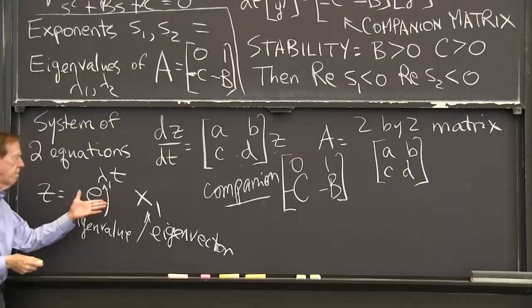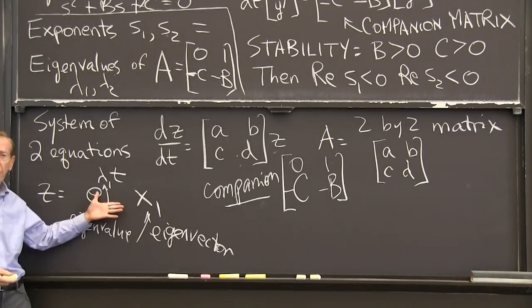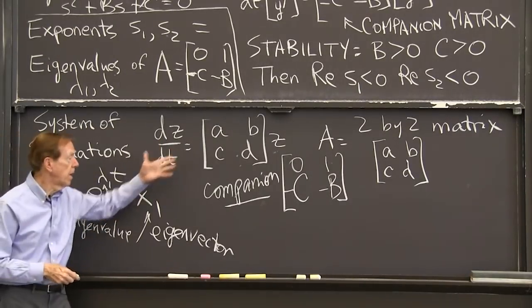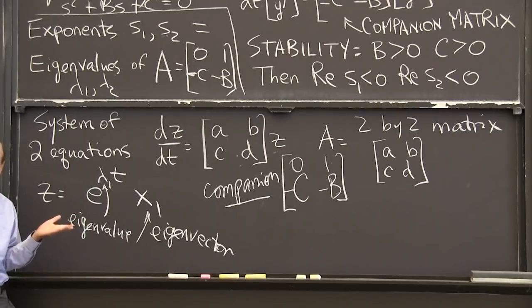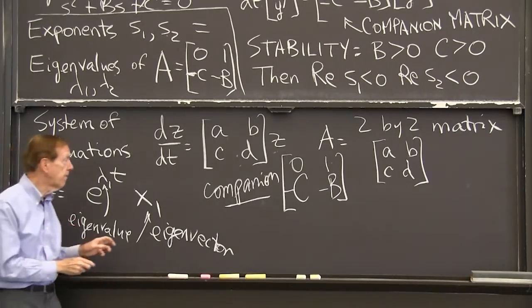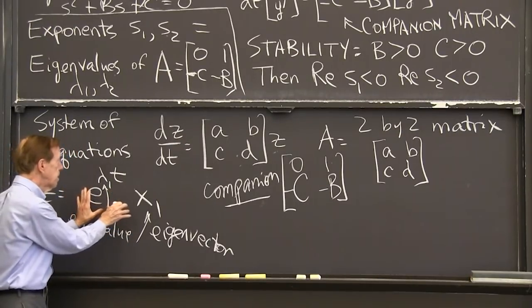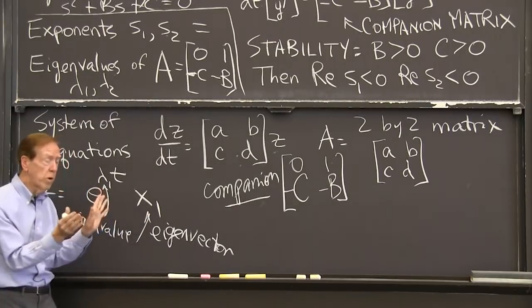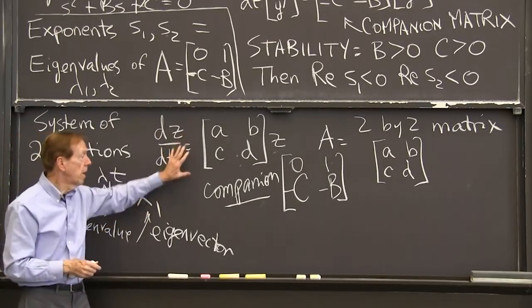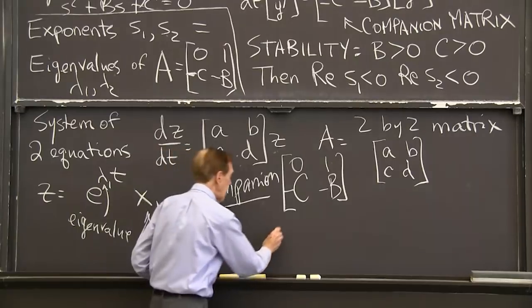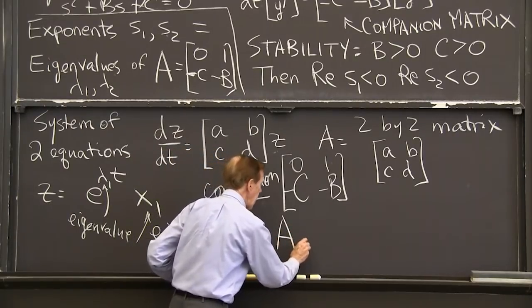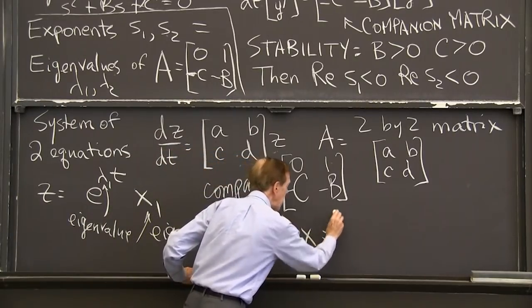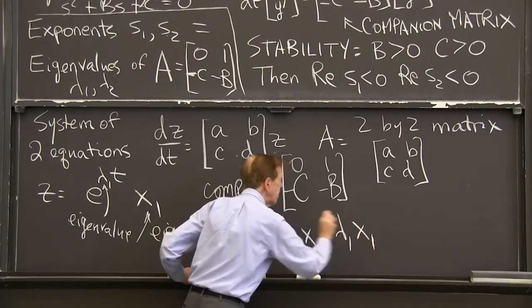And if I look for a solution of that form, put it into my equation, out pops the key equation for eigenvectors. So again, I put this hope for solution into the equation, and I'll discover that A times this vector x1 should be lambda 1 times x1.